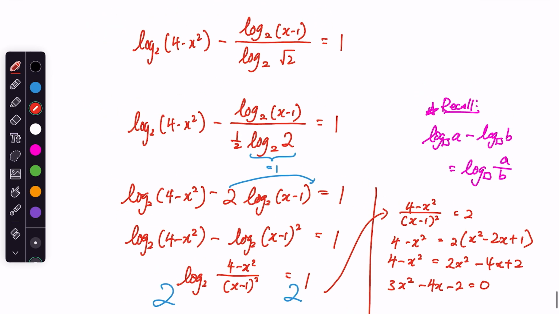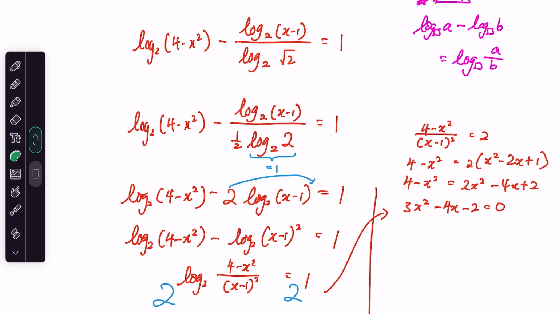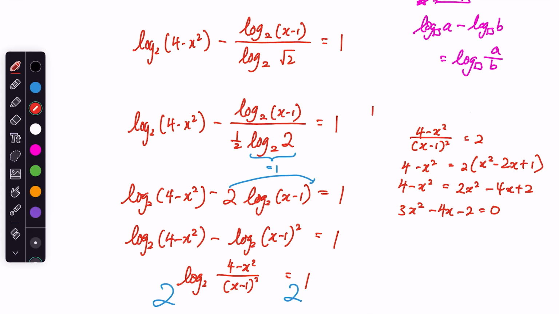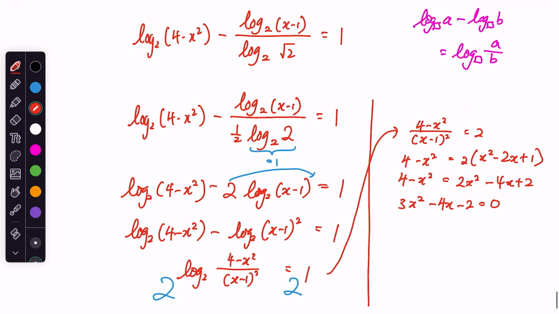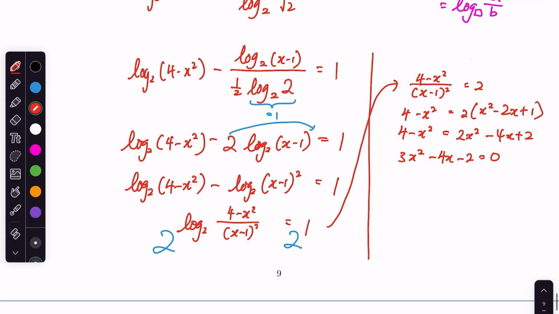So you can use your calculator, but I don't like to just use the calculator, because it seems like I'm not doing any work, so I just feel a little bit guilty lah if I don't do any work and just use the calculator. So what I'm going to do is use the quadratic formula.